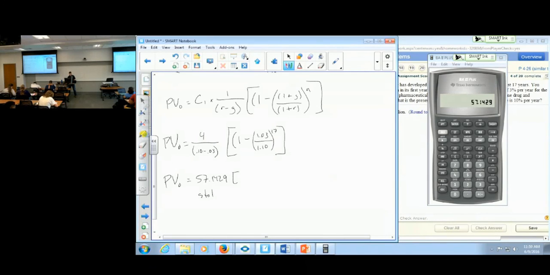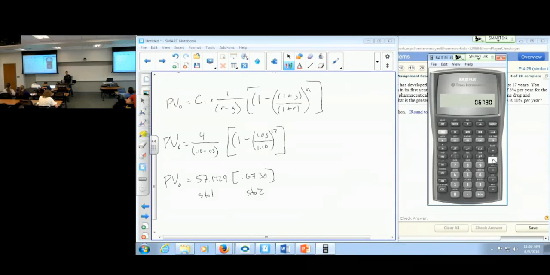Right, and then that's going to be times, parentheses, 1 minus open parentheses 1.03 divided by 1.10 close parentheses to the 17.